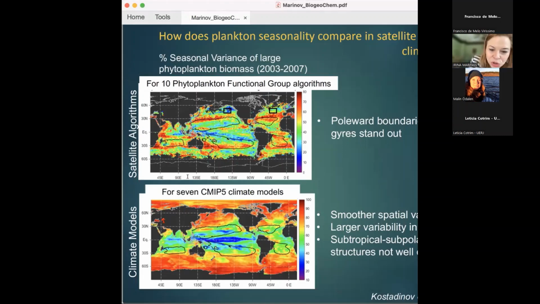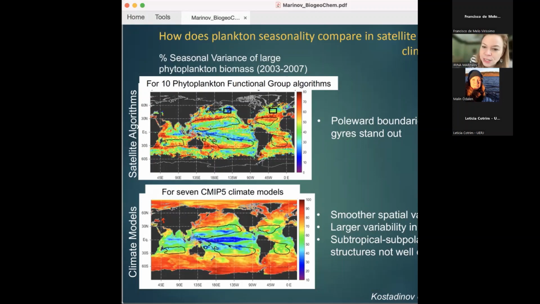There's also smoother spatial variability. When we look at the satellite algorithms, we see patches of high seasonality that tend to be in the seasonally stratified subtropical gyres, at the edges of the gyres, which tend to correspond to sharp transitions of surface chlorophyll and sharp temperature transitions.